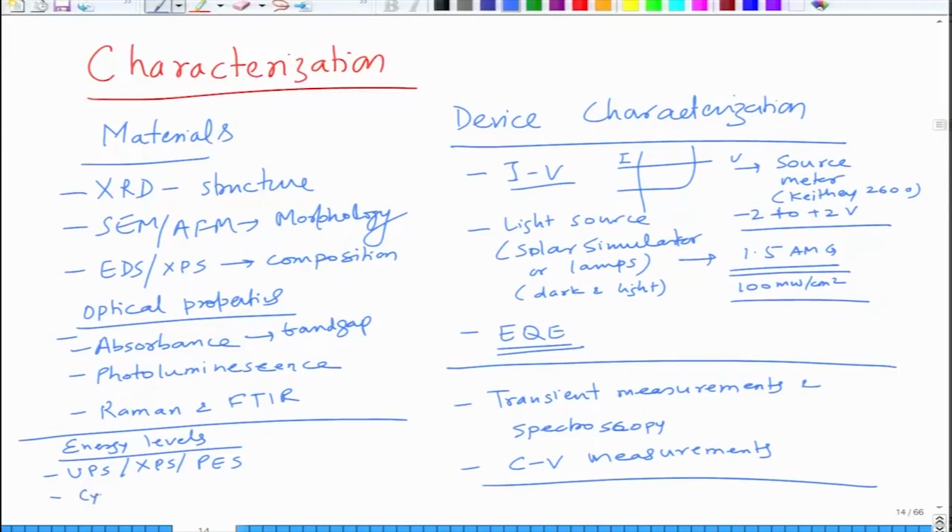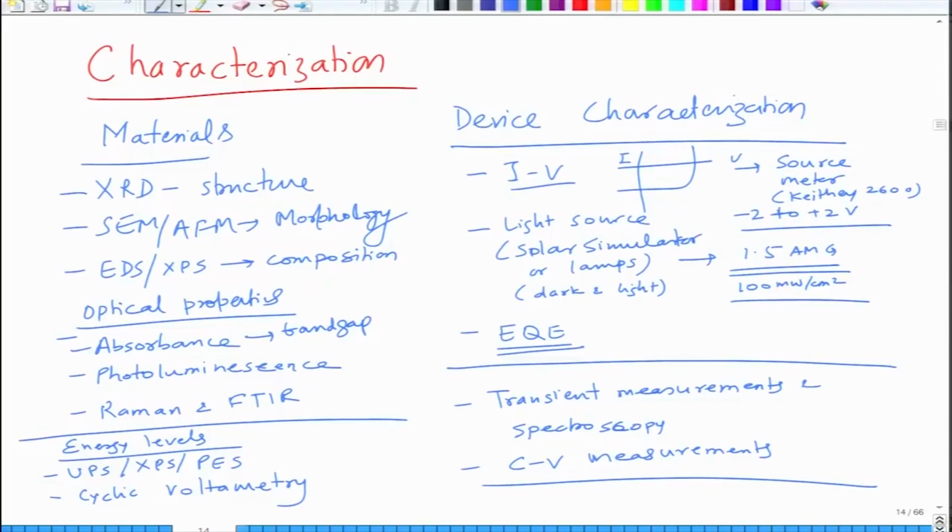And then we also need to do cyclic voltammetry of certain materials to measure the HOMO-LUMO, for example, in the case of organic materials. So, these are the characterization methods which generally one needs to use. There are detailed discussions and information available in various books on characterization, but this is a general guide to what kind of characterization one needs to do for solar cells.